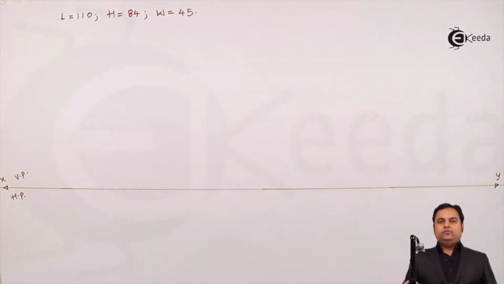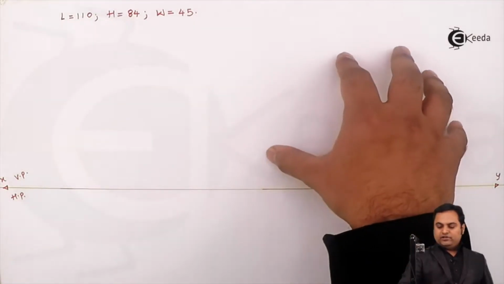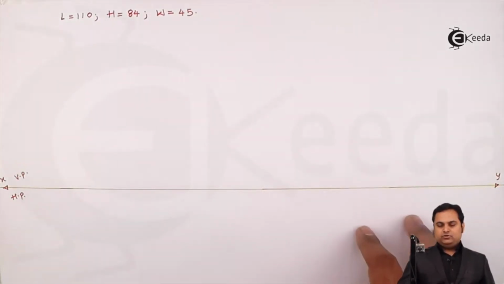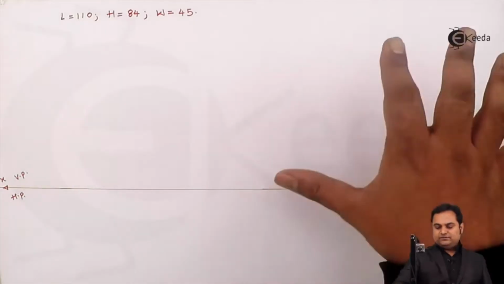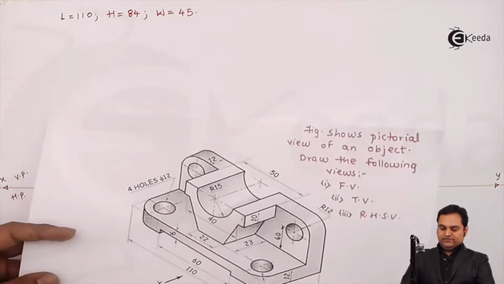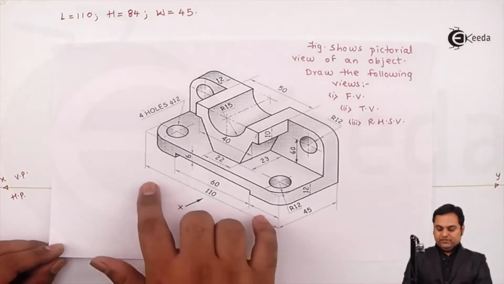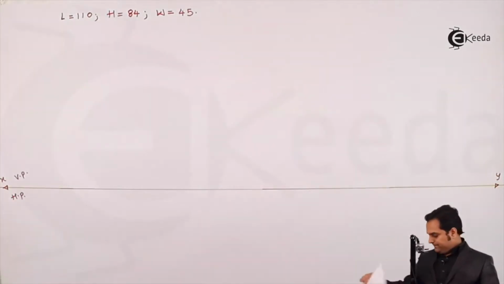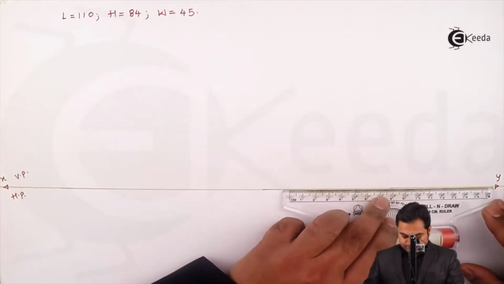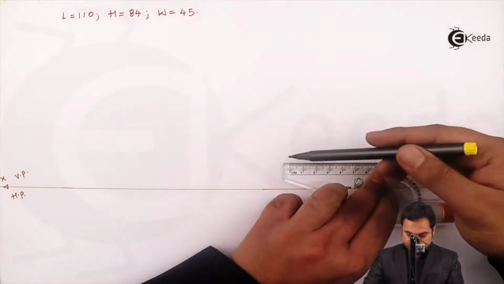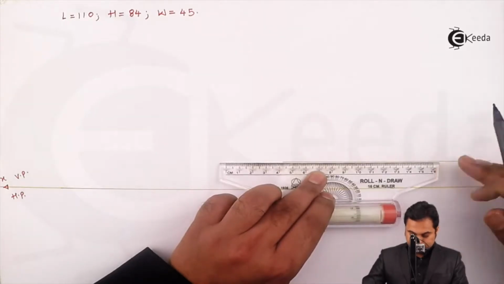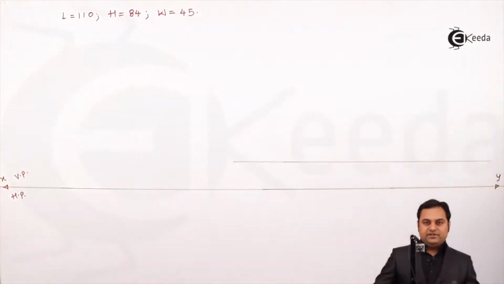Next, front view and top view are one above the other. So if the front view is on right hand side in the VP, top view will be below it in HP. So once I have understood the spacing, I can start with the front view, which is on the right hand side. And in the front, along x direction, the length and total height is visible to me. The total length is 110 mm.